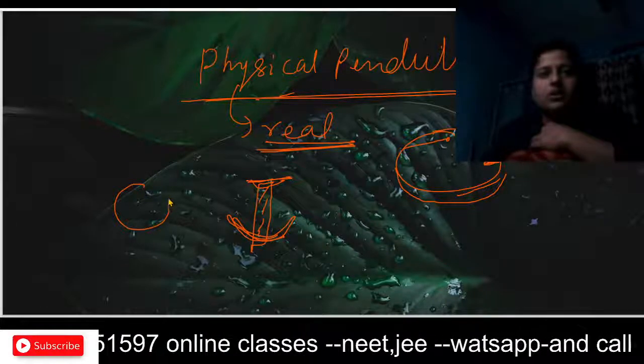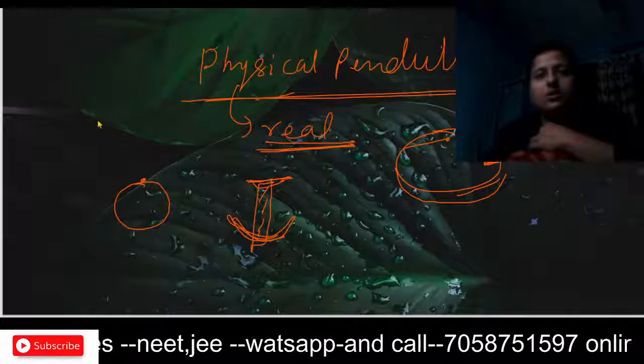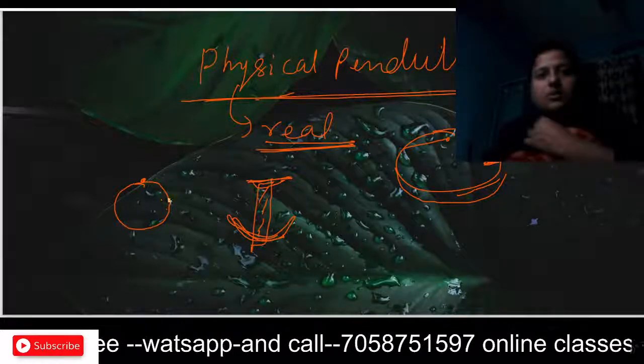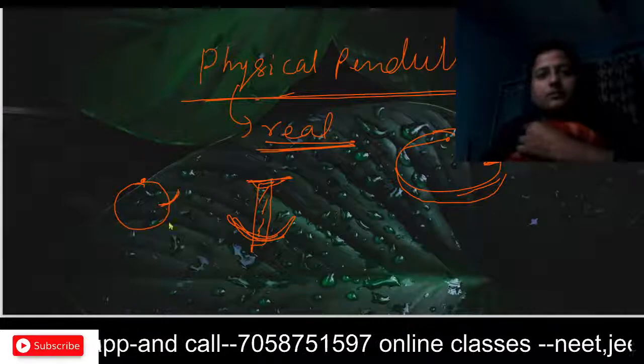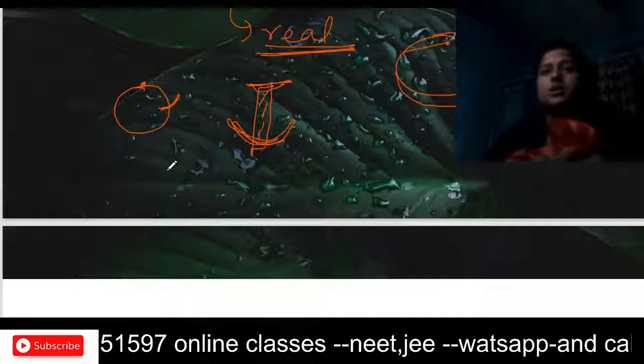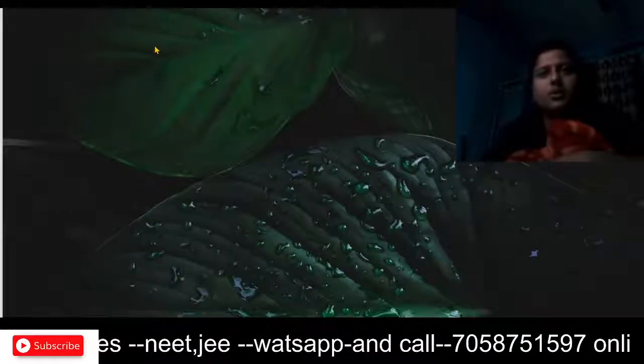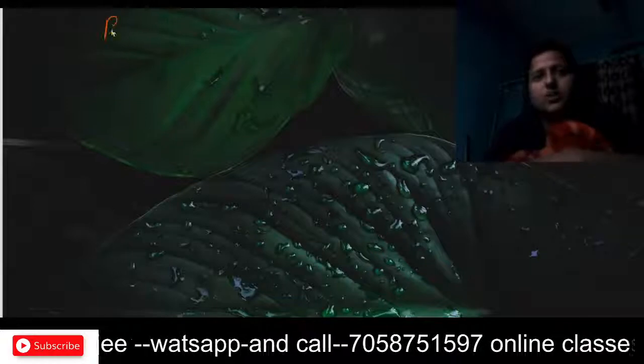We may take a ring, hinge from here, and the ring will oscillate in this plane. So we take any body and make it a pendulum, and that is known as a physical pendulum.